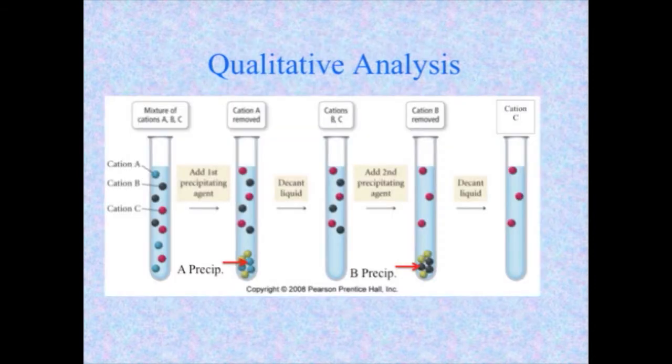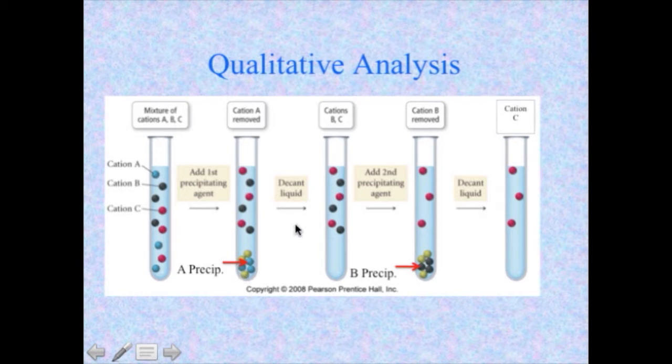So here's a schematic. Let's say you have a solution containing cations A, B, and C, and you add the first precipitating agent, which reacts with cation A to form a solid precipitate, leaving behind in solution the cations B and C. Typically you centrifuge the test tube, which drives down the precipitate to the bottom of the test tube.